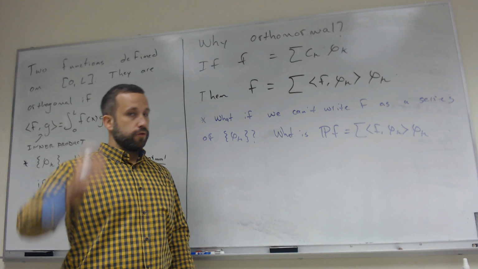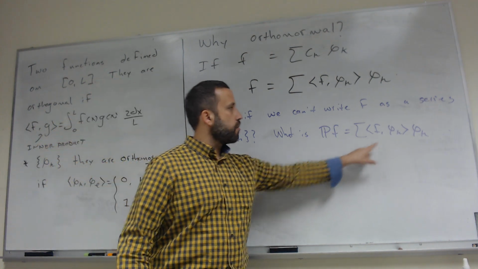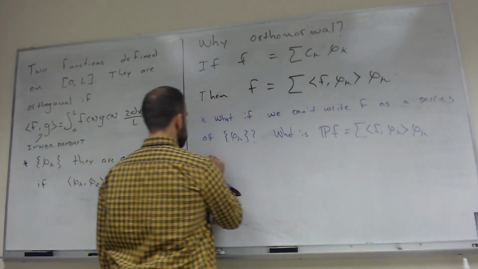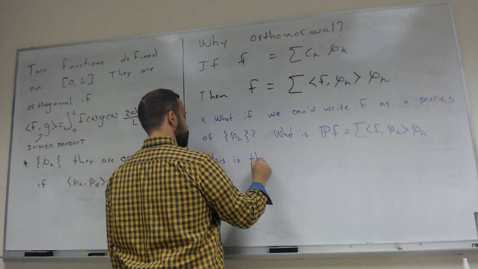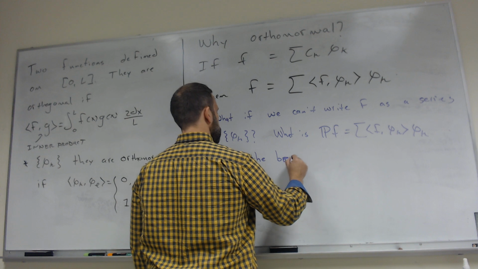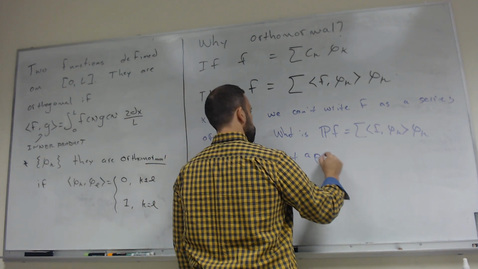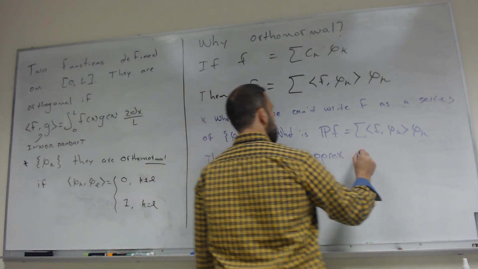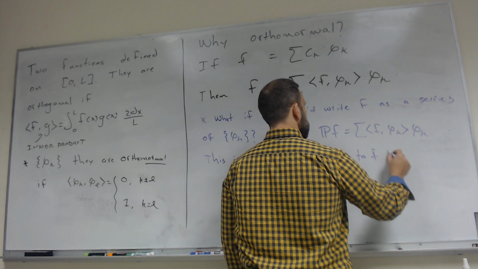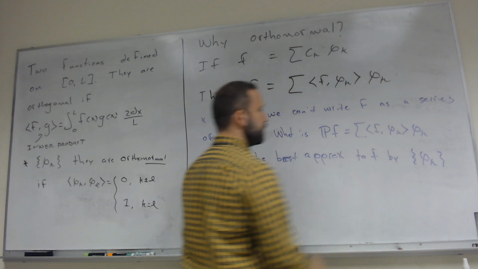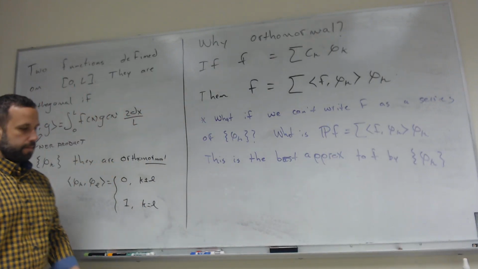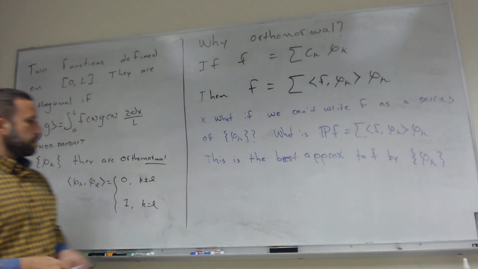It's called the orthogonal projection. So this function right here is the best approximation to F by the functions phi_k.